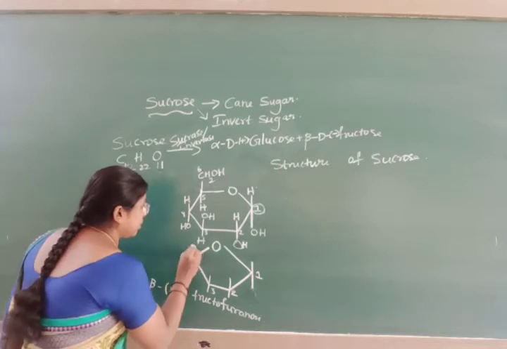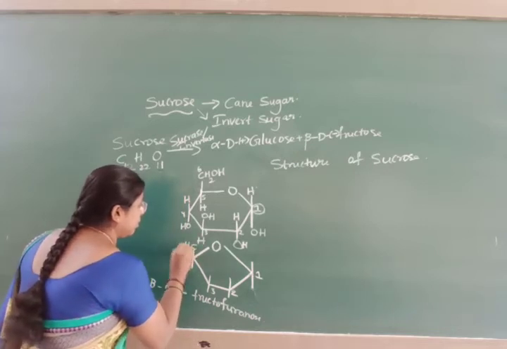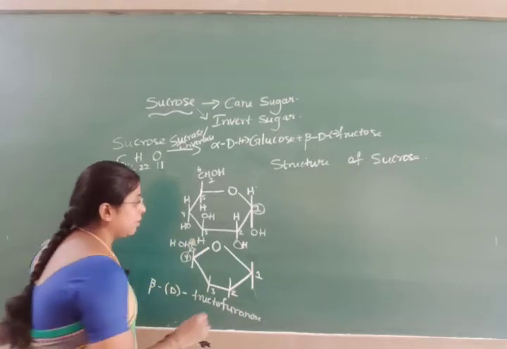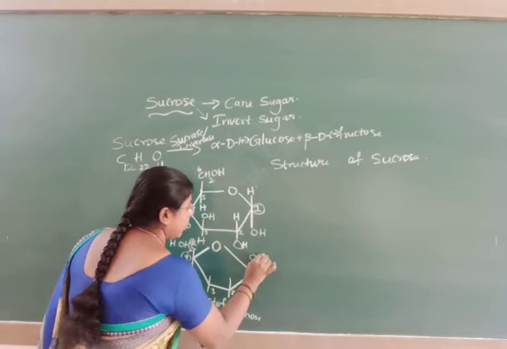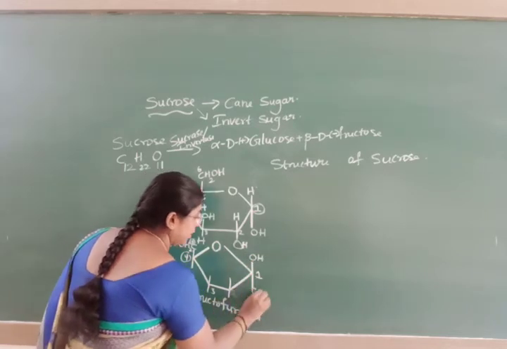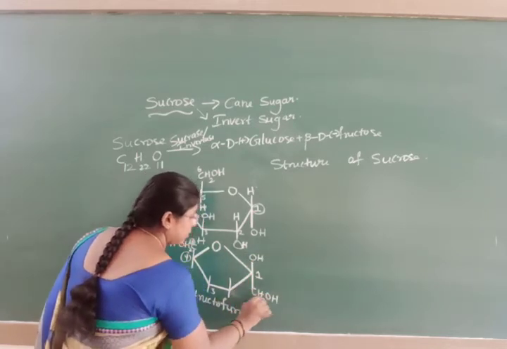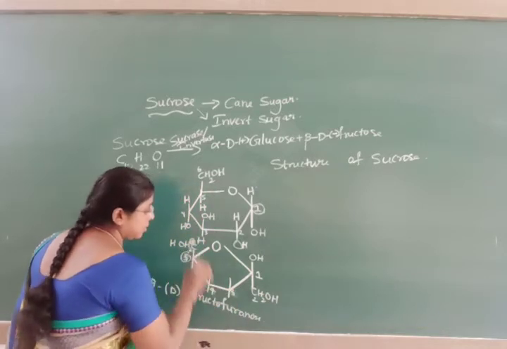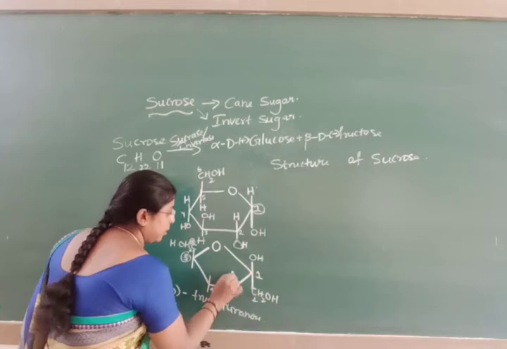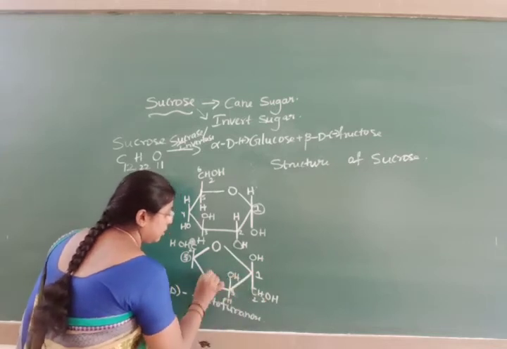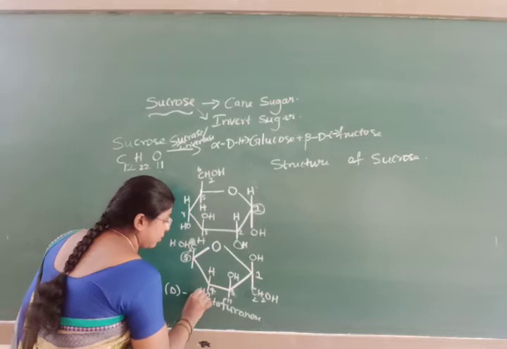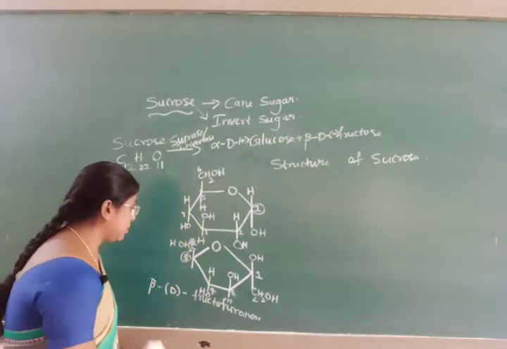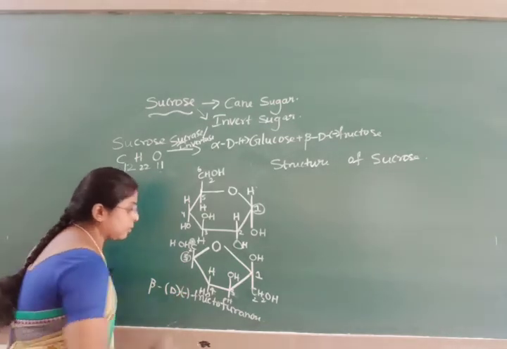Here it is CH2OH, OH, H, H, and OH. This is the structure of beta D minus fructofuranose.